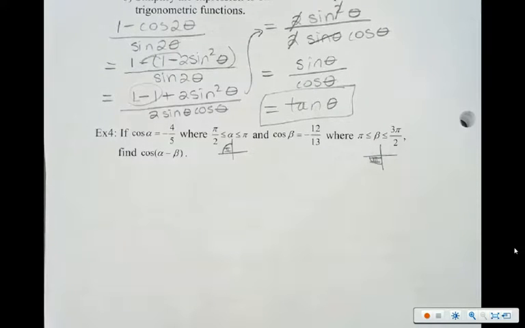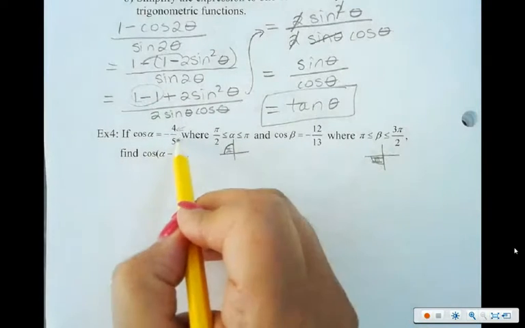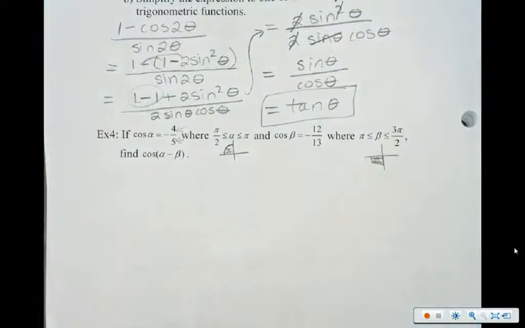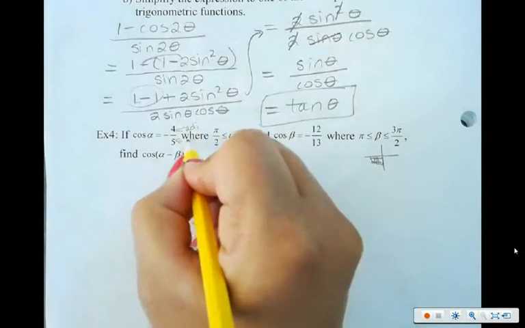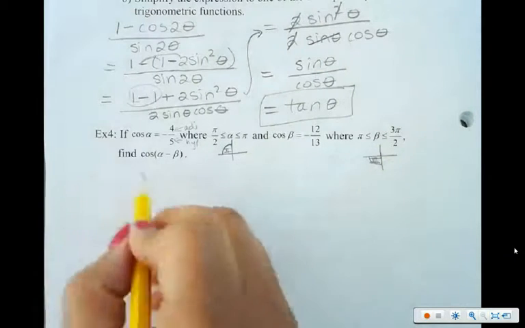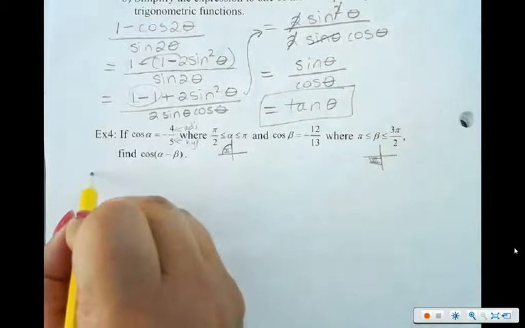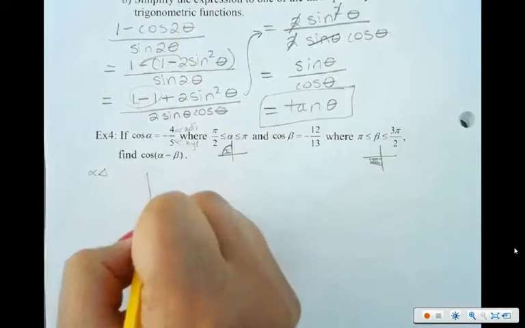Okay, so what does this tell us here? What information do we get from here? We get the adjacent and the hypotenuse, right? So let's find our alpha triangle.